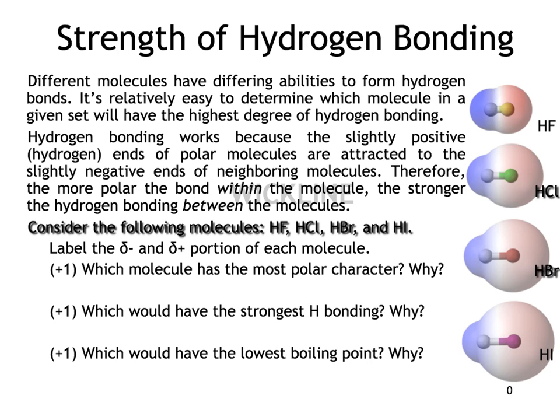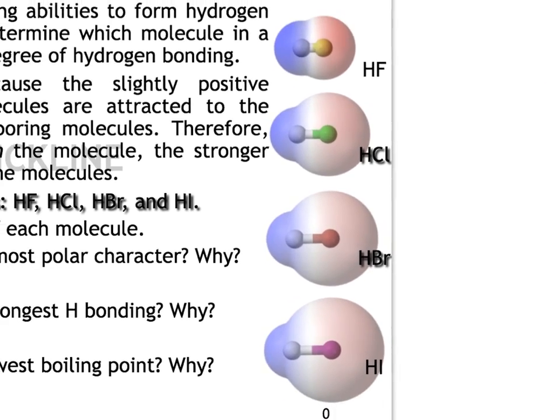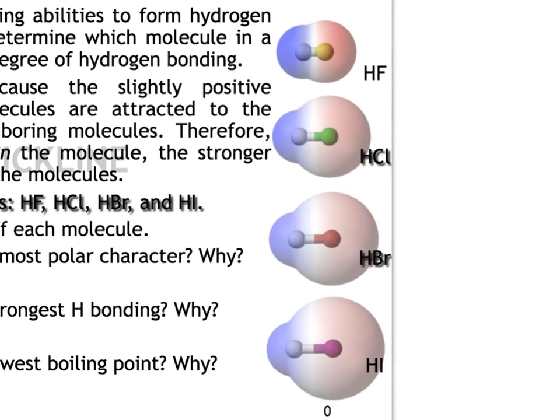So, in order to determine the strength of hydrogen bonding between several different molecules such as hydrofluoric acid, hydrochloric acid, hydrobromic acid, or hydroiodic acid, what we need to consider is actually probably something you could guess. You would have the most attraction between molecules of hydrogen fluoride or hydrofluoric acid.